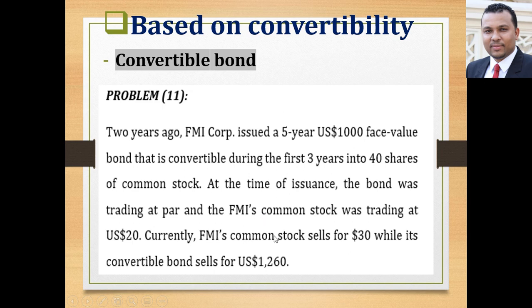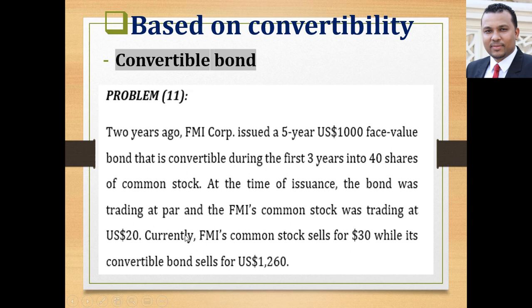FMI common stock sells for $30 while the convertible bond sells for $1,260. So we compare between two cases. At the time of issuance, the bond sold at par, $1,000, and the common stock market price equaled $20.